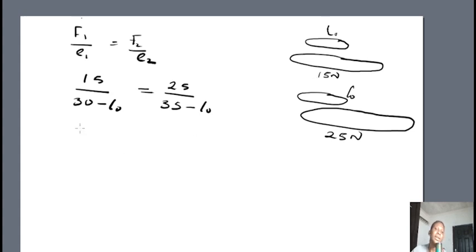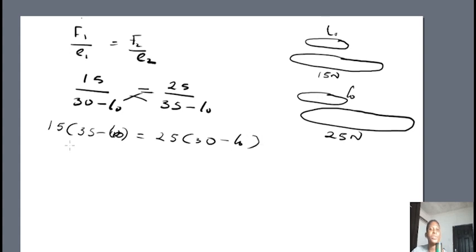So you know what we're going to do next? We're going to cross multiply. So here we're going to be having 15 multiplied by 35 minus L naught, is equals to 25 multiplied by 30 minus L naught. So we're going to do the normal multiplication. This will multiply this, this will multiply this.